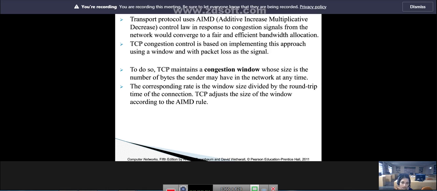To do so, TCP maintains a congestion window whose size is the number of bytes the sender may have in the network at any time. The corresponding rate is the window size divided by the round trip time of the connection. TCP adjusts the size of the window according to additive increase, multiplicative decrease, so it follows the rules of AIMD.